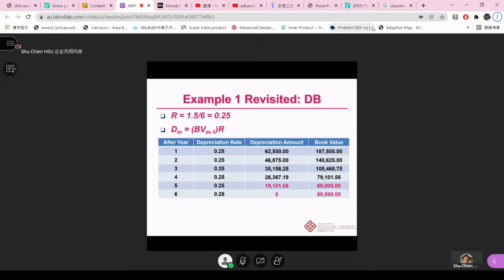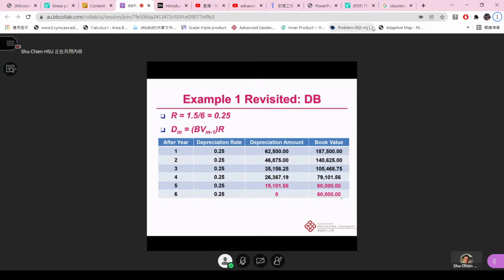We also use this 187,500 minus this 46,875, so that we'll get a book value of year 2 of 140,625. Then we just do the similar calculation for year 3, year 4, and year 5.